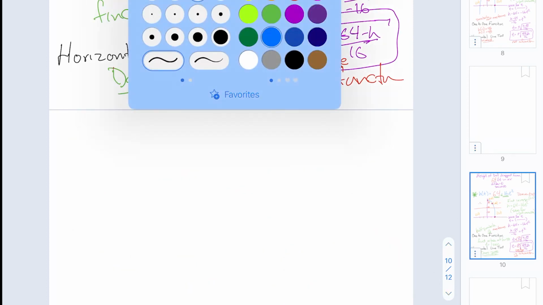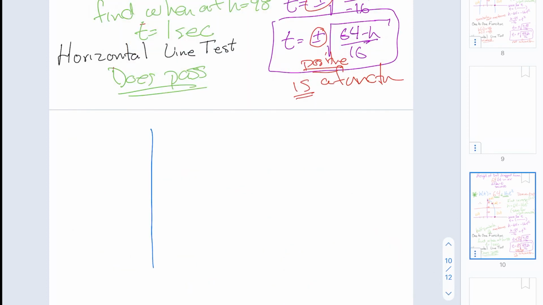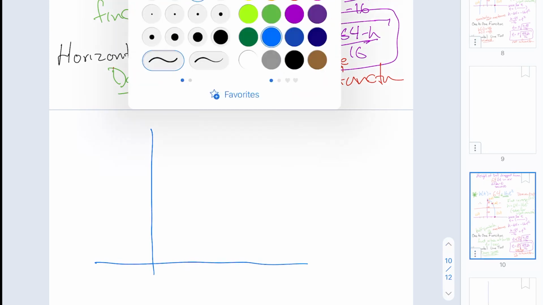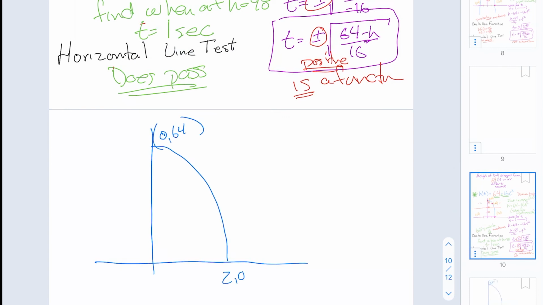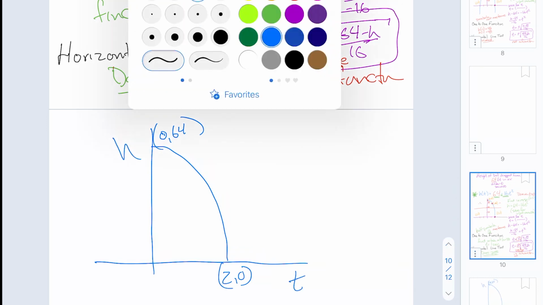And last thing I'll do is draw these. The parabola is this, and it goes from (0, 64) down to (2, 0). And this is time, and this is height.